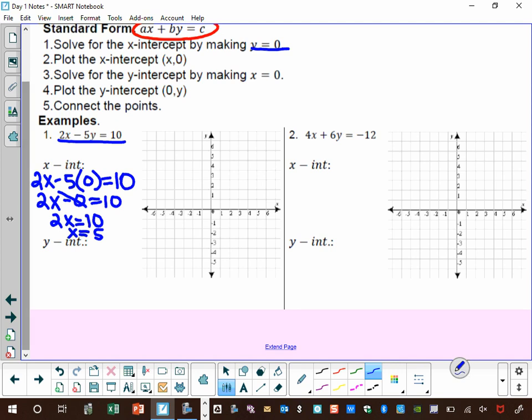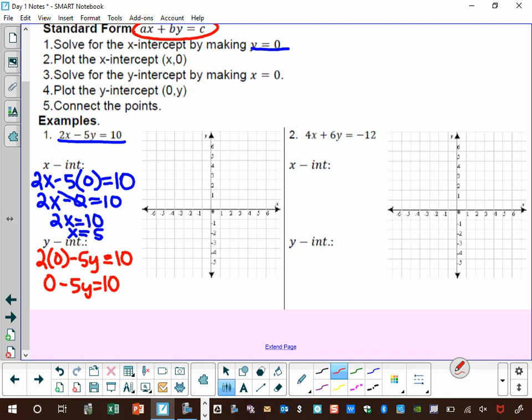So Joanna, to find my y-intercept, I'm going to plug in 0 for what? Yep, we're looking for the y-intercept, so I plug in 0 for the x. So I have 2 times 0 minus 5y is equal to 10. 2 times 0 just gives me 0.